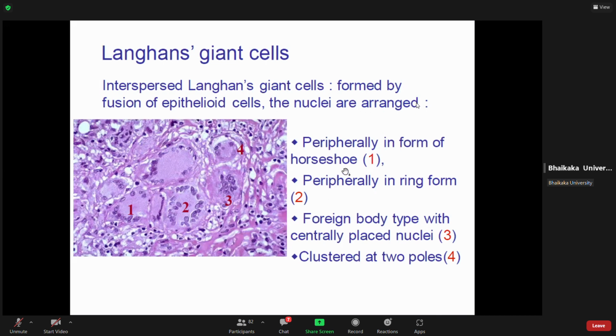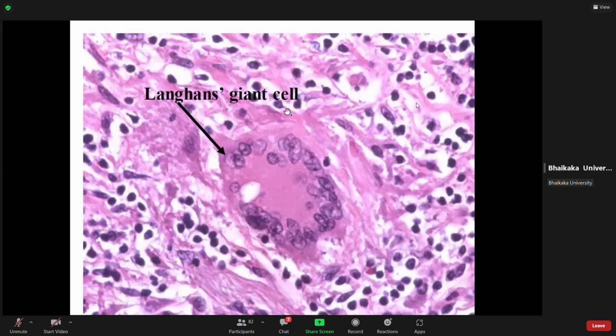Again, a high power view of a single giant cell. Tell me what is the arrangement of the nuclei? There are 4 types of arrangement which we have seen in the previous slide.